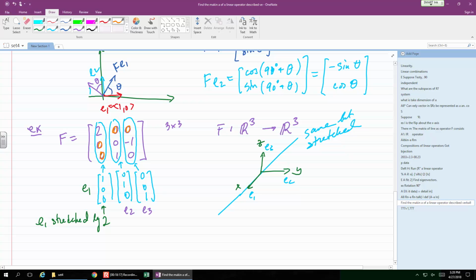It means that there is no interaction between E1 on one hand and E2, E3 on the other hand. So everything that is happening to E1 is happening within the x-axis, and whatever is happening to E2, E3 is happening where? The YZ plane, that's right.